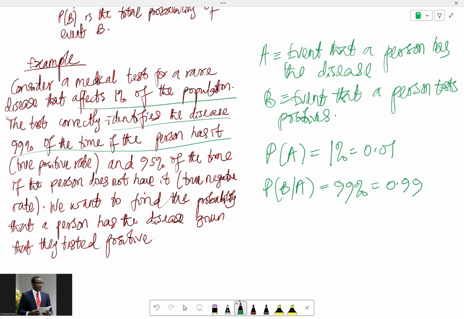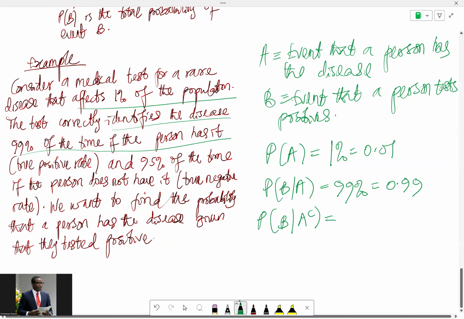Then we also have false positive. This is true positive now. True positive is 99%. So what about the probability that a person tests positive, whereas the person doesn't really have the disease? So we have true negative, false negative, false positive.